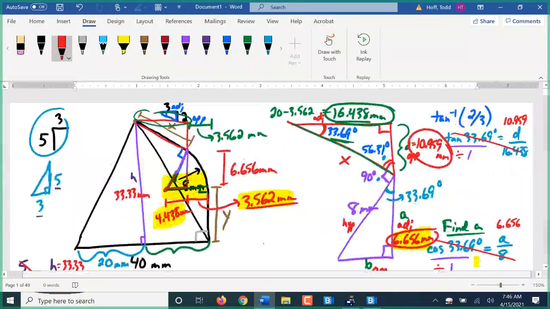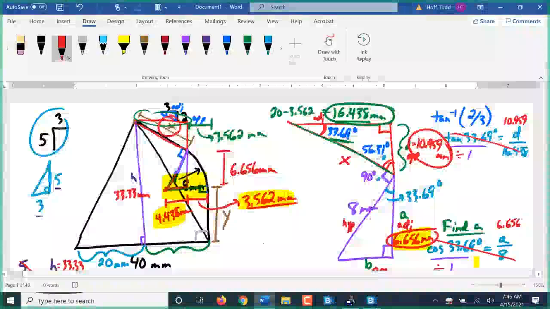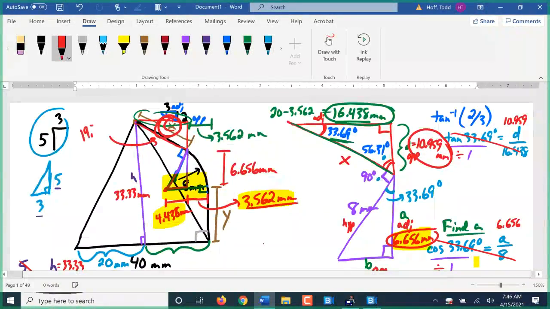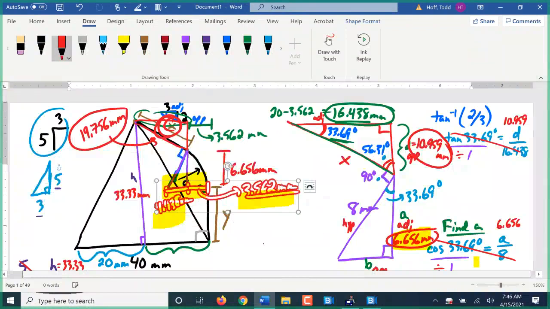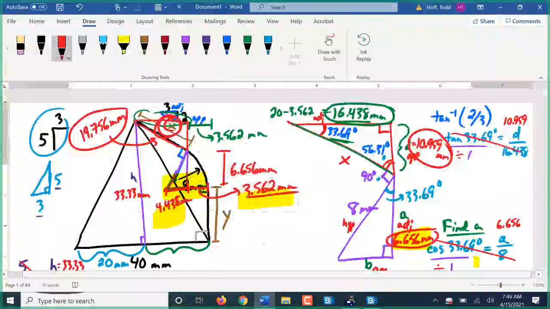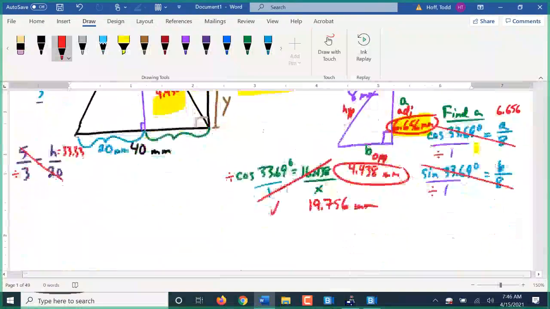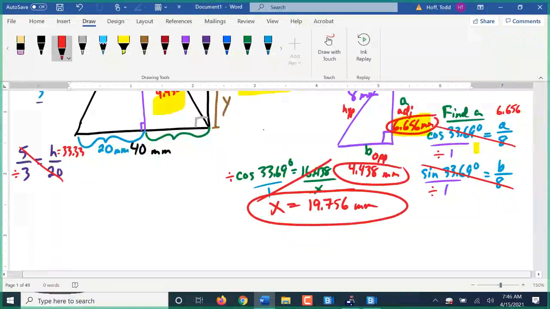So x, right here, 19.756 millimeters. There's one of our two dimensions that we needed to find. I'm going to label that large down there so we don't lose track of it.